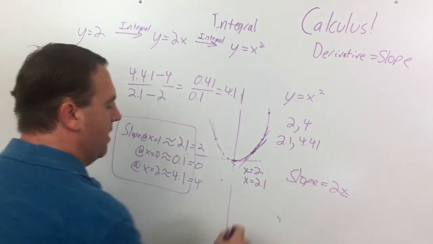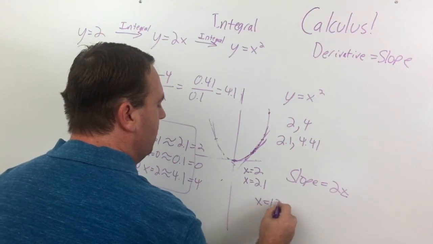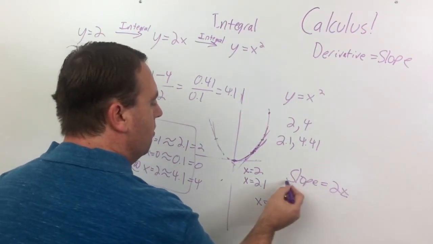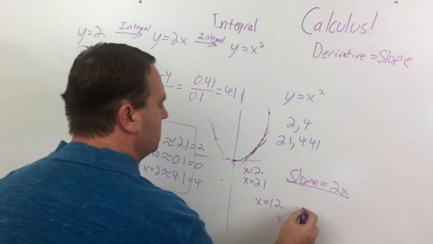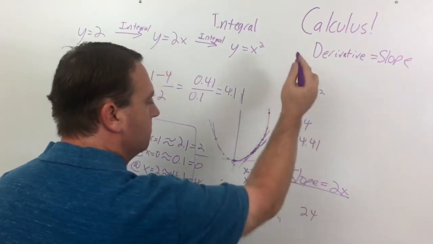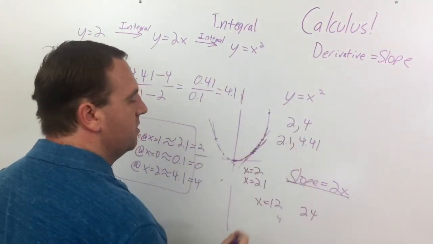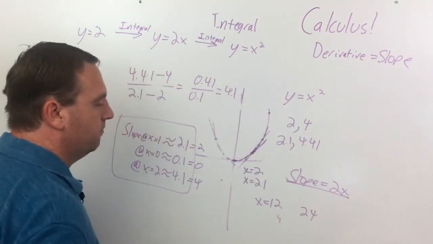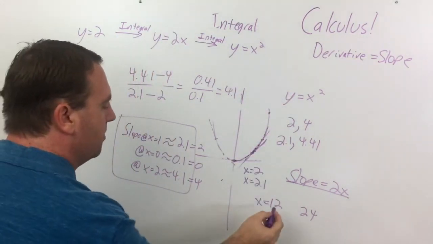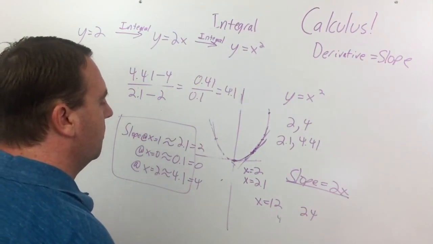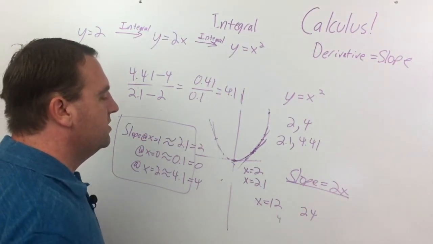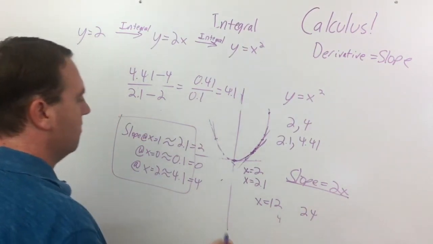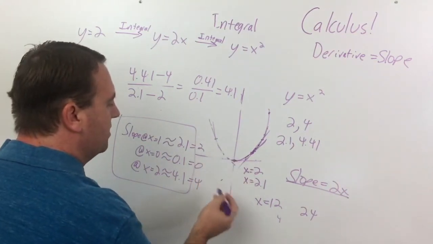So at x equals 12, the slope will be 2x, so the slope will be 24. And that's a very, very steep slope. It means we're going up 24 for every one that we go over. And so the slope is increasing, where the slope is equal to 2 times the value. You can also see that on the negative side.